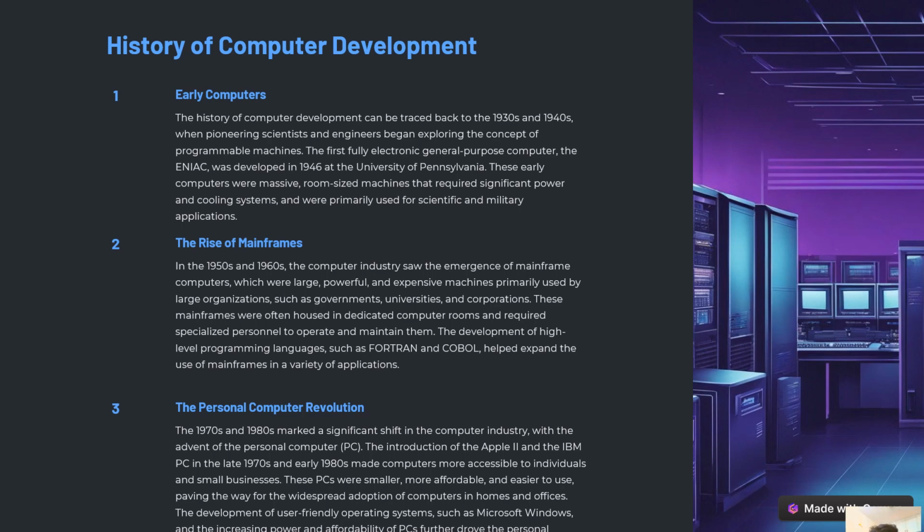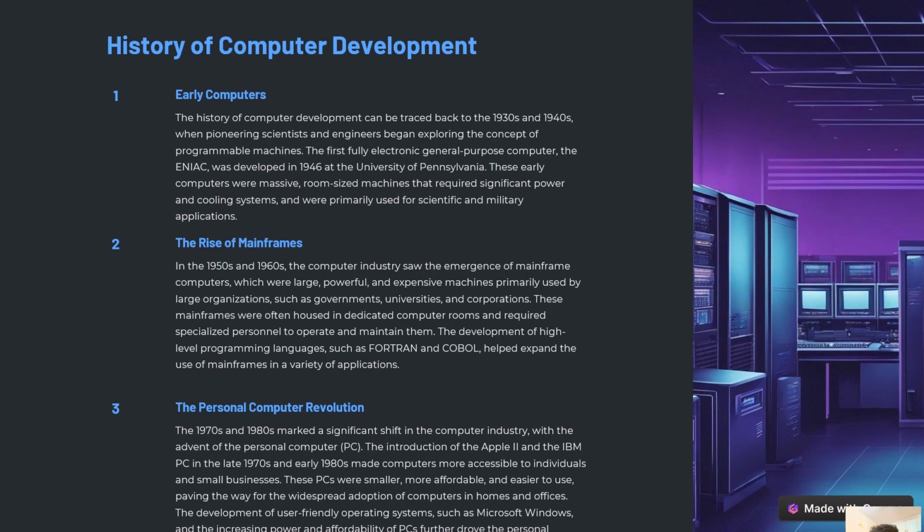The rise of mainframes. In the 1950s and 1960s, the computer industry saw the emergence of mainframe computers, which were large, powerful, and expensive machines primarily used by large organizations such as governments, universities, and corporations.